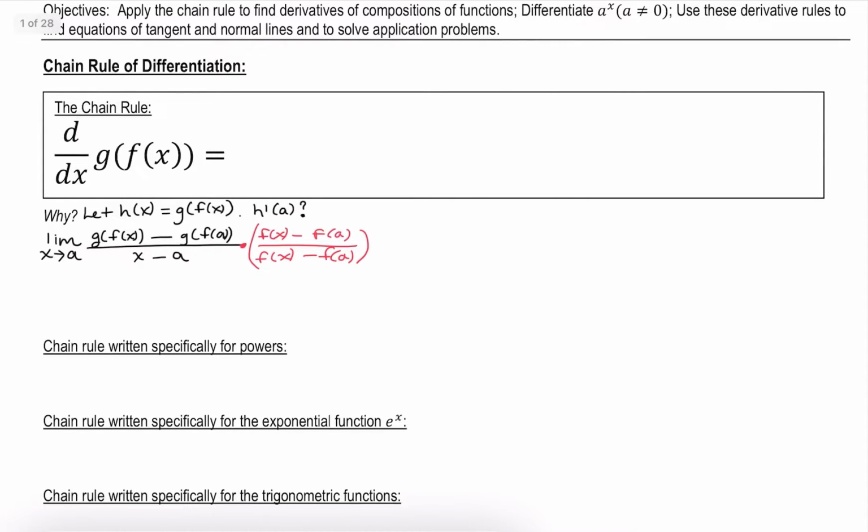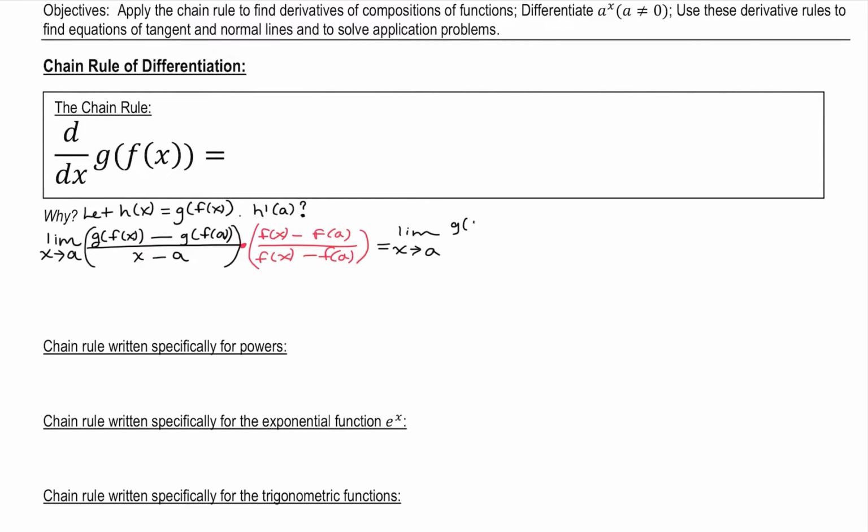All right, so when we do that, what are we going to have here? First, just recopy my limit as x approaches a. Since I am multiplying two fractions, the product is the product of the numerators over the product of the denominators.